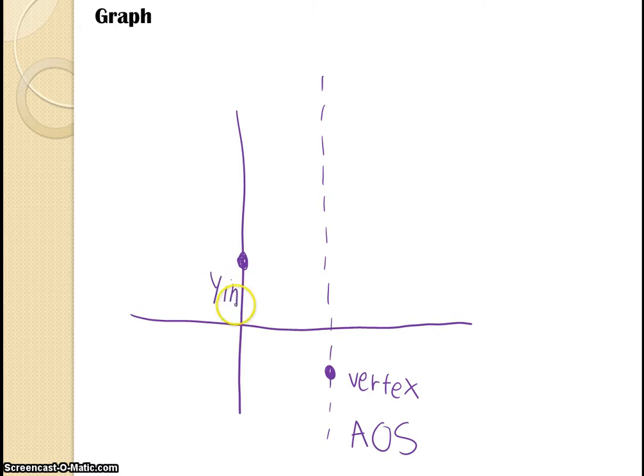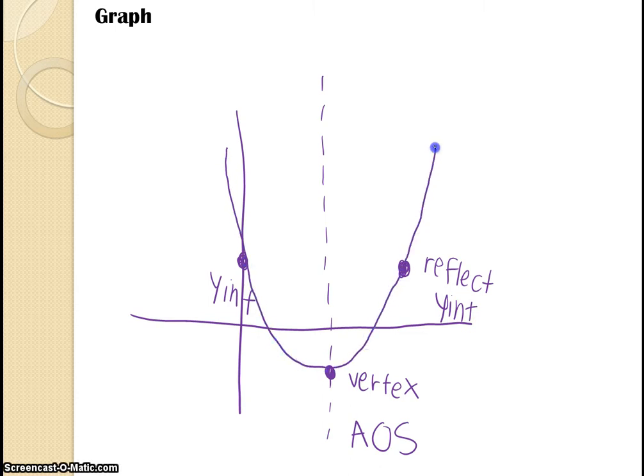Once you find your y-intercept, you can reflect it. And then we have 3 points that we can connect with a parabola. And that's how we can graph when we have an equation in standard form.